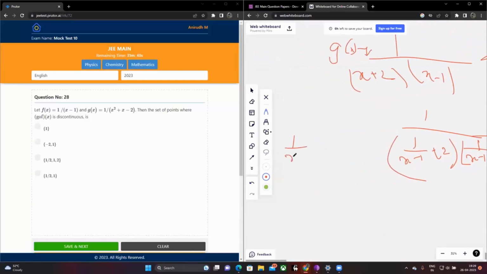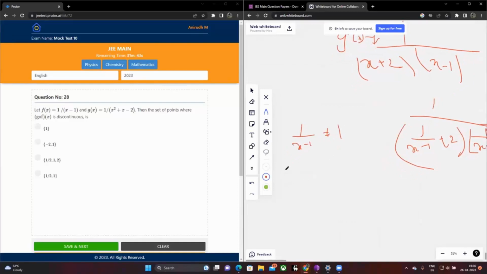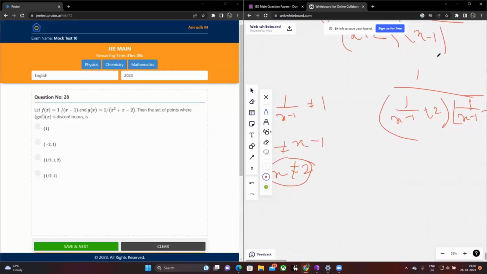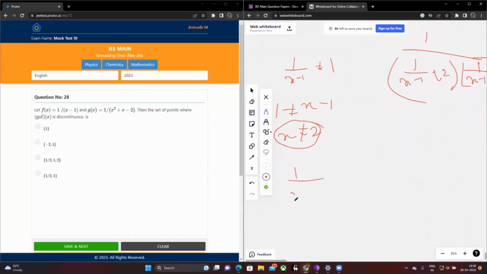So if 1 by x minus 1 should not be equal to 1, then 1 is not equal to x minus 1, or x is not equal to 2, right? And 1 by x minus 1 not equaling minus 2 is basically 1 not equaling minus 2x plus 2, so x is not equaling 0.5, because minus 2x goes this side, 1 comes this side.